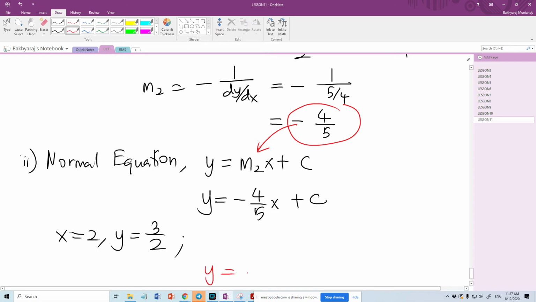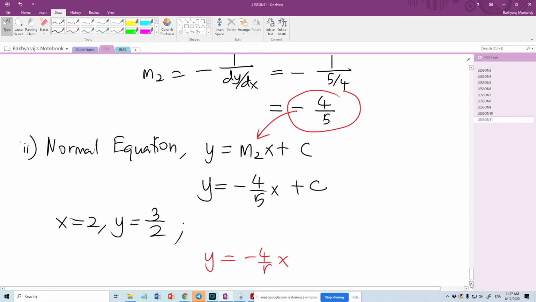Last answer ialah negative 4 over 5x plus, yes, who can give me the last answer?